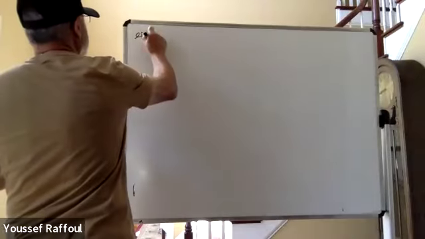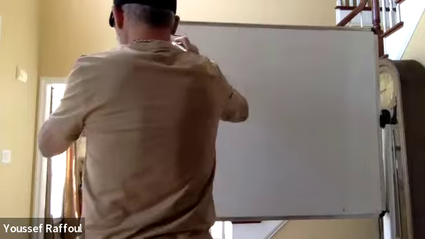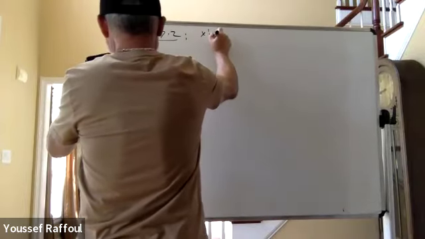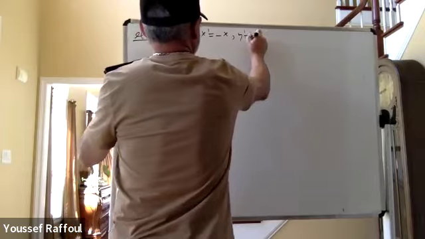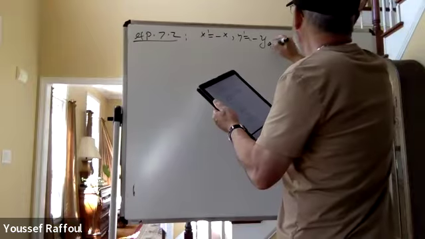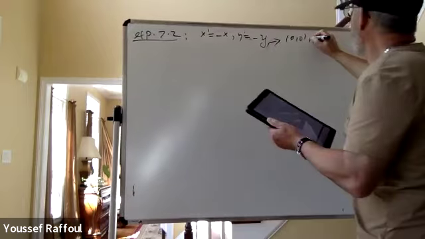So here is an example, and that is example 7.2. Let's take a look at x prime equals minus x, y prime equals minus 1. So (0, 0) is an equilibrium solution.